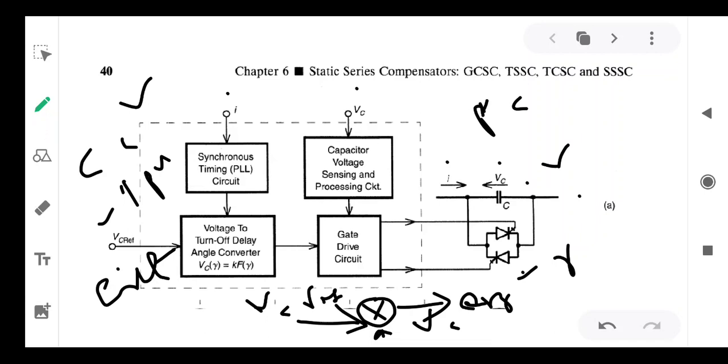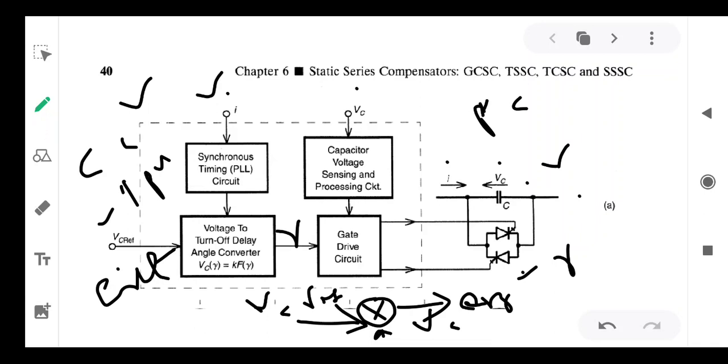And here the system current I is taken to the phase lock loop, from which you can obtain the synchronizing signal. From here you will obtain gamma.